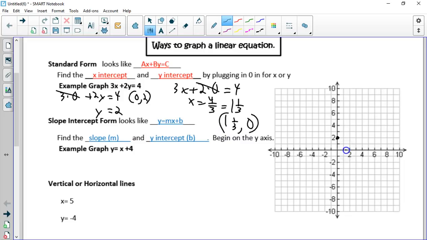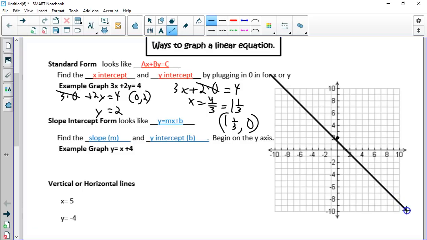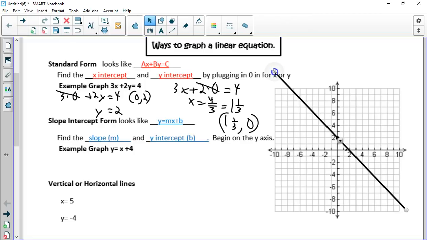So 1 1/3 is approximately right there, and then we're going to draw our line. Always using a straight edge to get it to go through as accurately as possible. So that would be the line for 3x plus 2y equals 4.